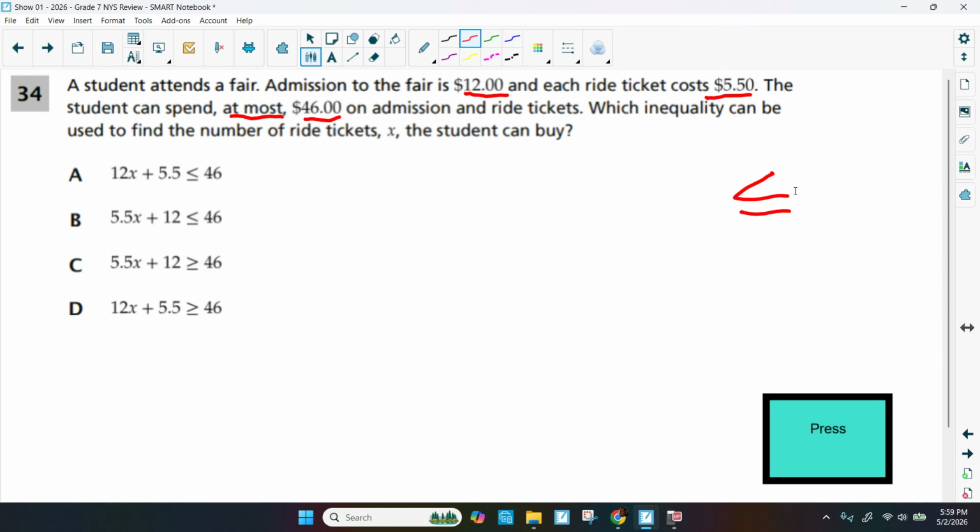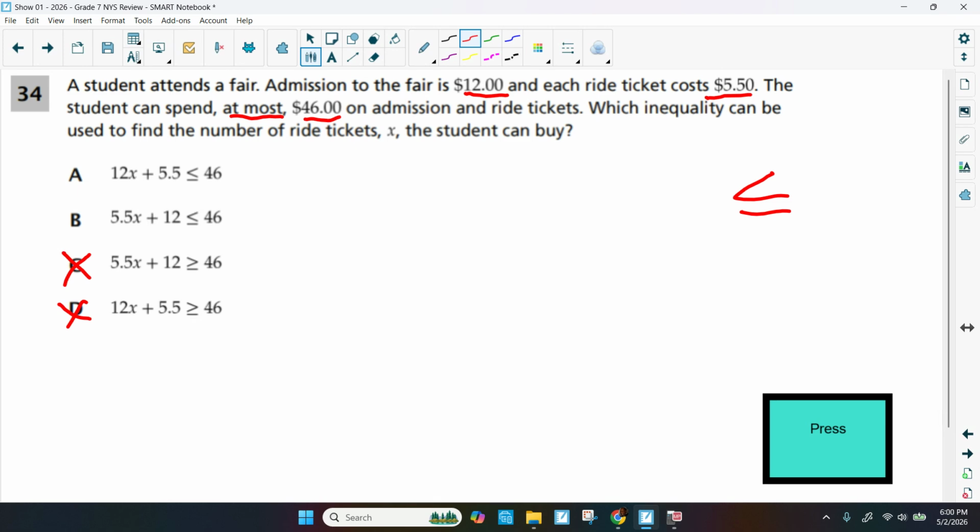So my symbol, based on at most, is going to be the less than or equal to symbol. So it could be A, could be B, but I'm going to eliminate C and D automatically because they're going the wrong way. Spending more than $46 is what they're saying. You can't, because you only have $46 and you have to spend less.